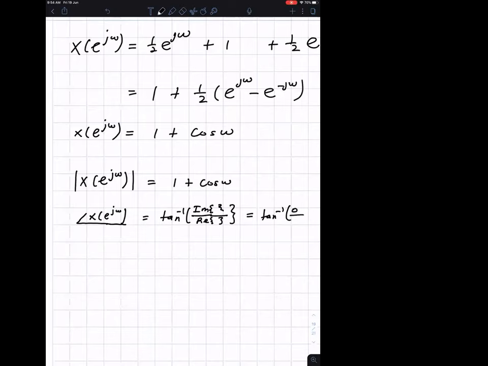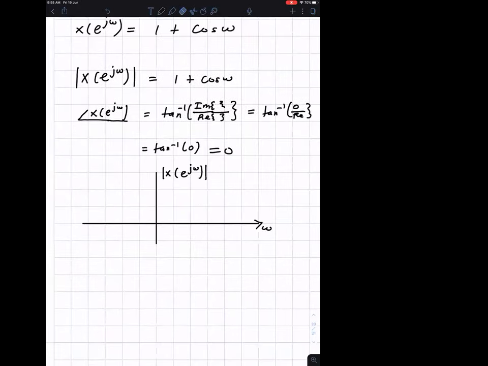That's the real part. 0 over anything is 0. Tangent inverse of 0 is how much? Zero, sir. Okay, 0, thank you.